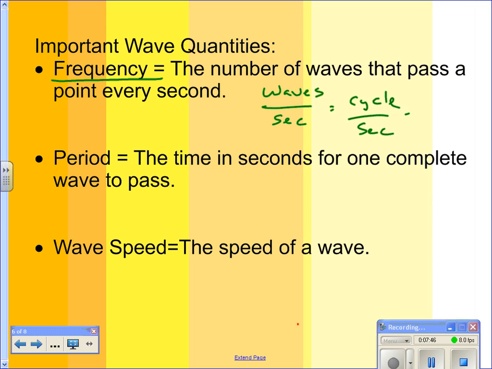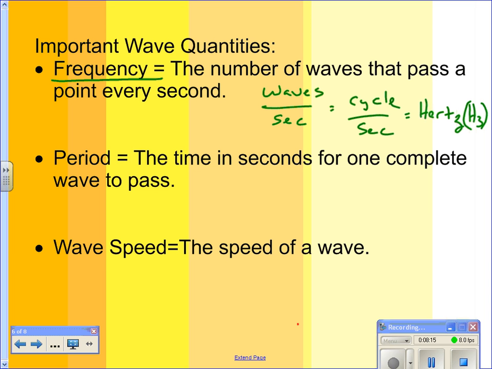The unit for cycles per second is called a hertz, H-E-R-T-Z, abbreviated Hz. That's what you tune to on your radio. If you listen to 101.5 on the radio, you're tuning to the frequency 101.5 megahertz. So 101.5 million radio waves are hitting the antenna every second.